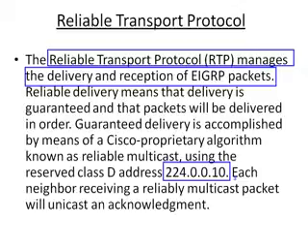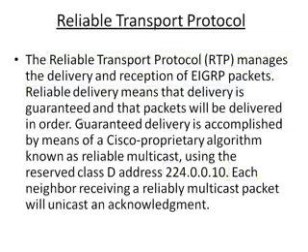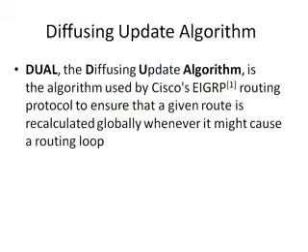Each neighbor receiving a reliable multicast packet will unicast an acknowledgement. One router sends a multicast message to all the neighbors and then the acknowledgement is given by unicast. And last is DUAL, the Diffusing Update Algorithm.